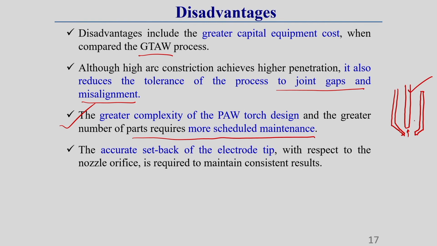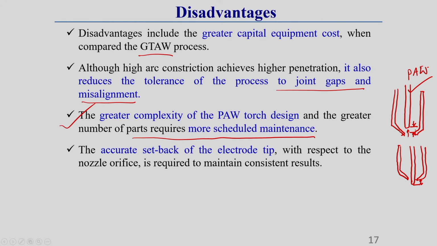This electrode should not come out from the nozzle. In the case of TIG welding, the electrode is generally coming out from the nozzle. Here you see it is coming out from the nozzle, whereas in this case the electrode is inside the nozzle.